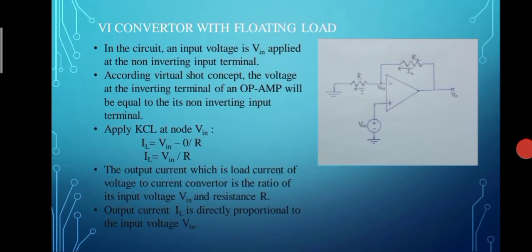The output current, which is the load current of the voltage to current converter, is the ratio of input voltage and resistance R, which is directly proportional to the input voltage.